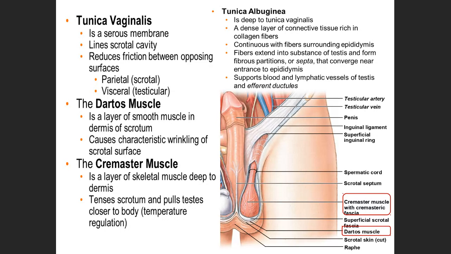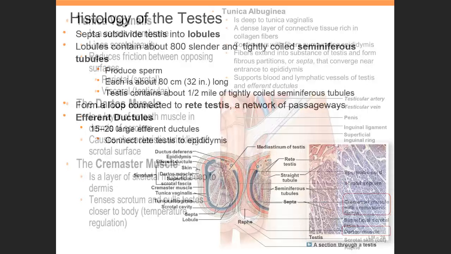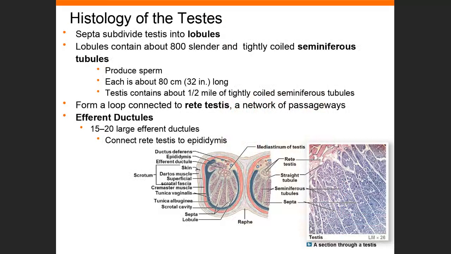Okay? And the tunica albuginea is going to push in and create the sectional chambers in the testes. Okay? All right, so again, in this picture, if we were able to blow it up, you should be able to see the epidermis, dermis, the dartos muscle, hypodermis, cremaster muscle, tunica vaginalis, space, tunica albuginea, and the tunica albuginea pushes in.